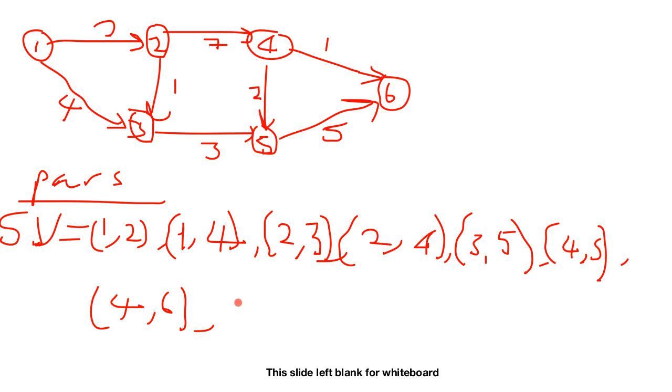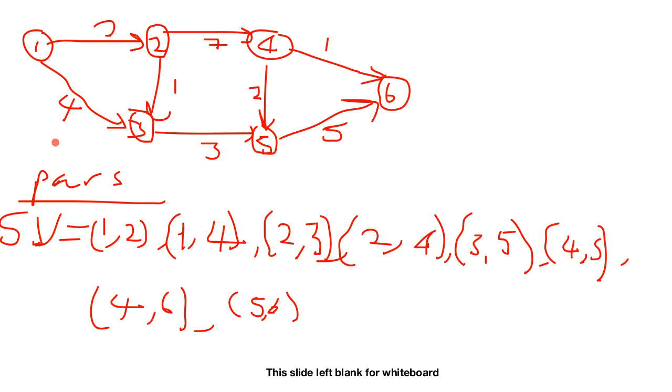And the next one is 5, 6. So at this case, 1, 2, 3, 4, 5, 6, 7, 8. That is what we are supposed to have on that.